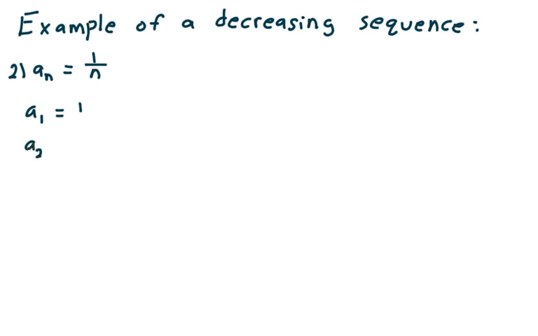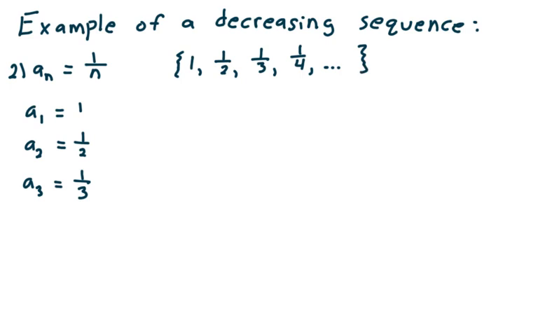If I replace n with 2, I get a half. I replace n with 3, I get a third. So you notice as the index goes up, the corresponding values of the sequence are going down, right? So the sequence looks like this. We start with 1, then we go to a half, then a third, then a fourth, and on and on. And so that's a decreasing sequence.